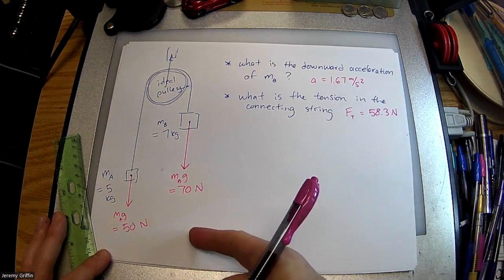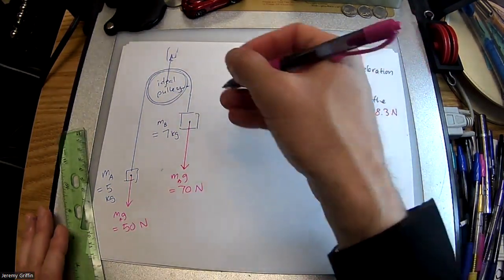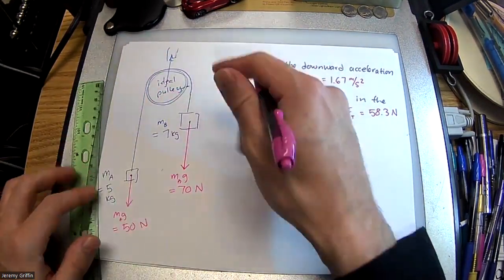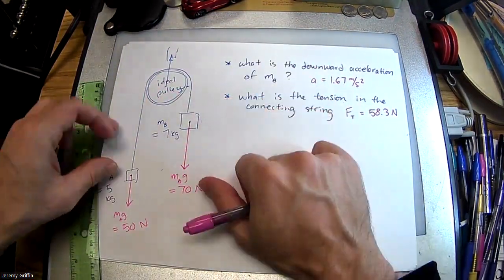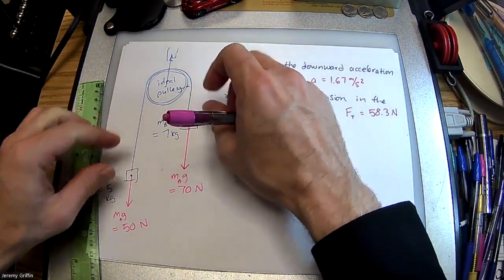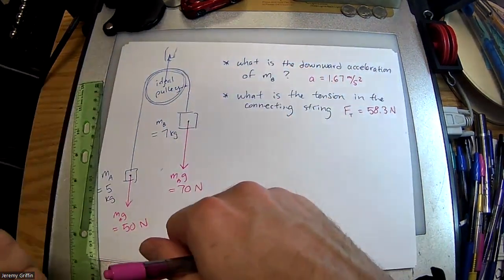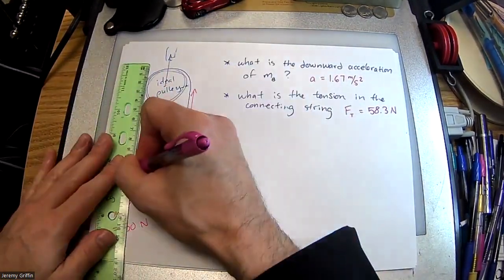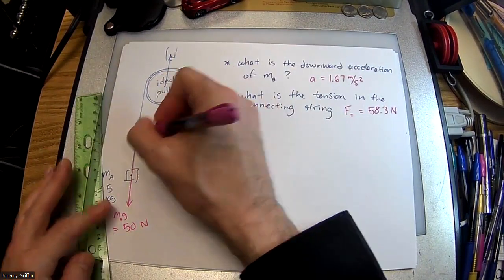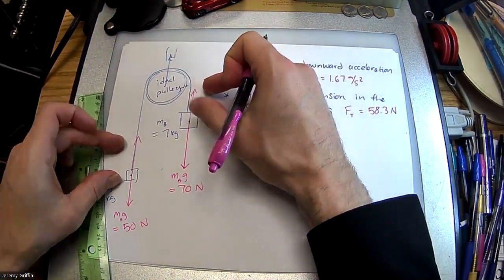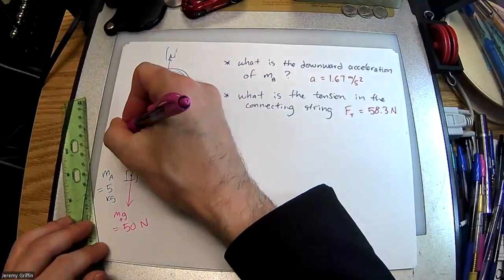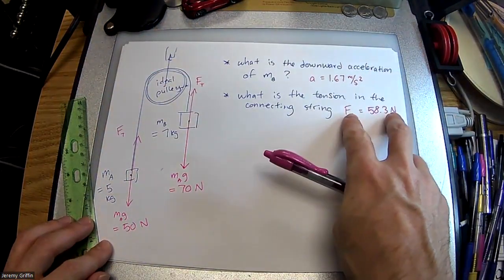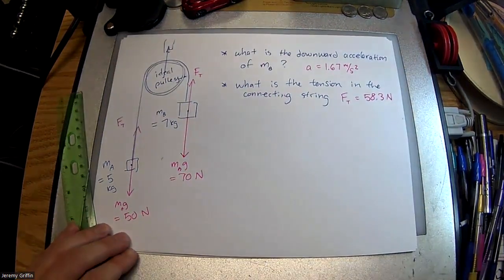And then the internal force, just the string connecting everything together. It's sort of like the Goldilocks force: it has to be larger than the small one, but smaller than the large one, so this can accelerate clockwise. I'm going to try to draw it that way. Also, do you think the tension is the same here and here? Yeah, good, because this is an ideal pulley. So FT, let's say we're solving for that. Here's the textbook answer, but we'll get to that.